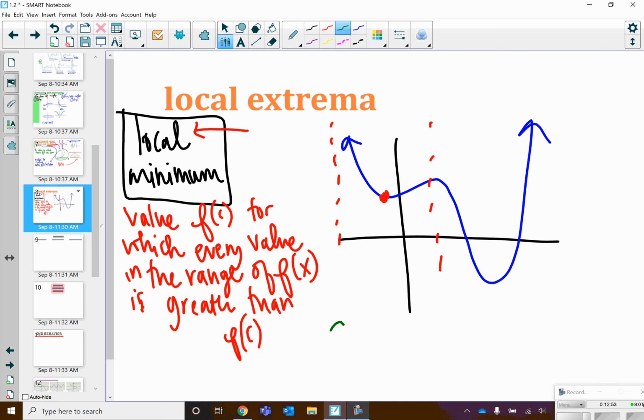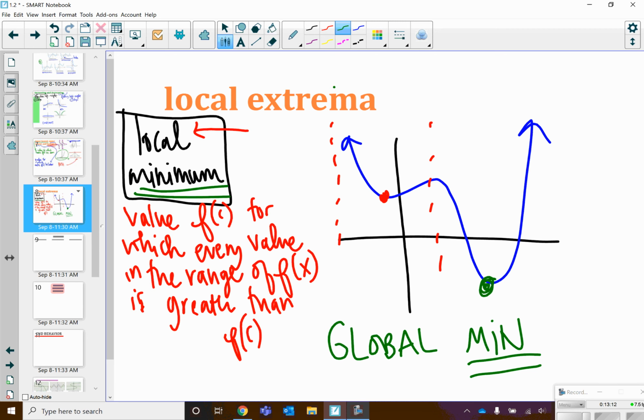And then there's something called a global minimum or maximum. So a global minimum here would be something like this point, where it is absolutely the lowest point on the graph. Notice I just mentioned minimums here, but local extrema refers to both minimums and maximums. I'm just not going to write the exact same thing for local maximum here, if that's okay with you.